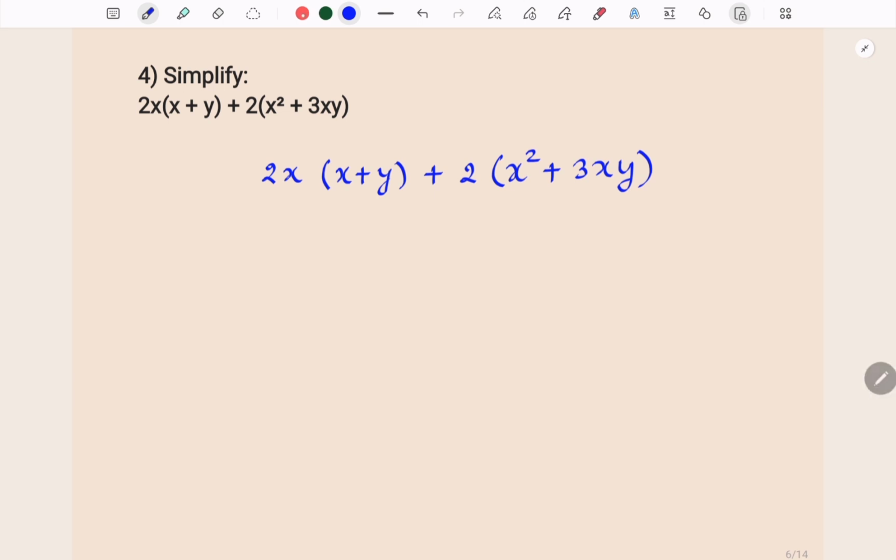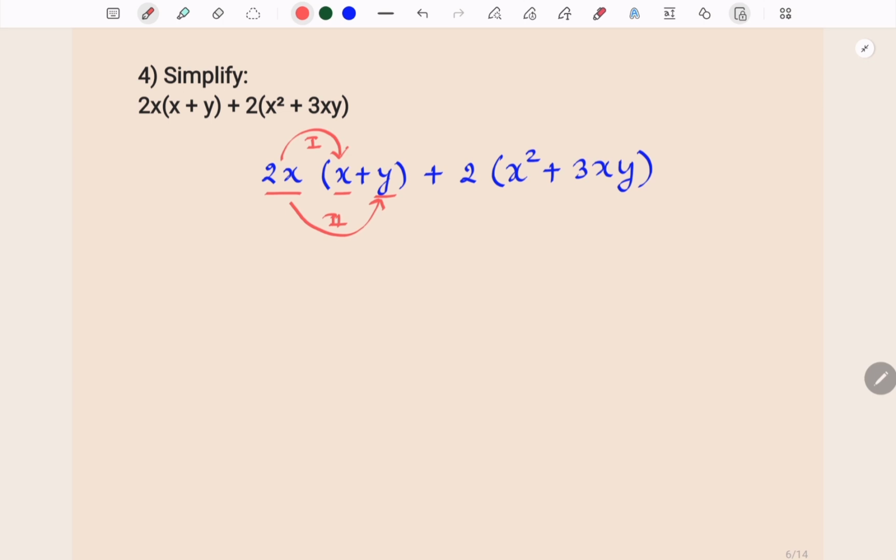Now, this 2x here will be multiplied by x as well as with y. So, the first multiplication would be 2x multiplied by x, and the second multiplication 2x multiplied by plus y. This is the first multiplication.